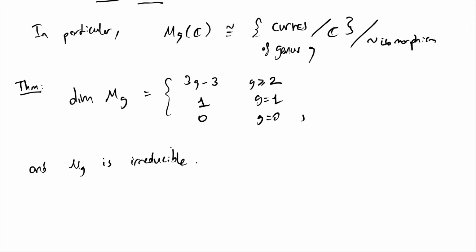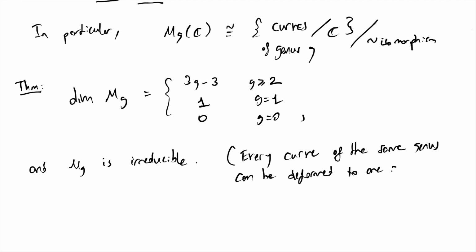And Mg is irreducible, so that means every curve of the same genus can be deformed to one another, and given a curve of genus g, you have 3g minus 3 directions to deform it. That's more or less the dimension of Mg. So the irreducibility is more or less classical, but the modern proof, which is a little bit more comprehensive than what I've written, is due to Deligne and Mumford.